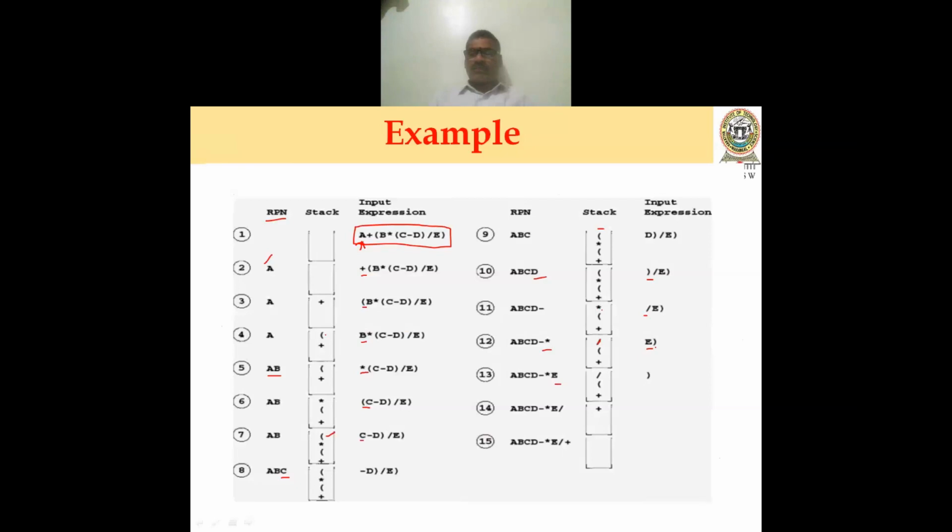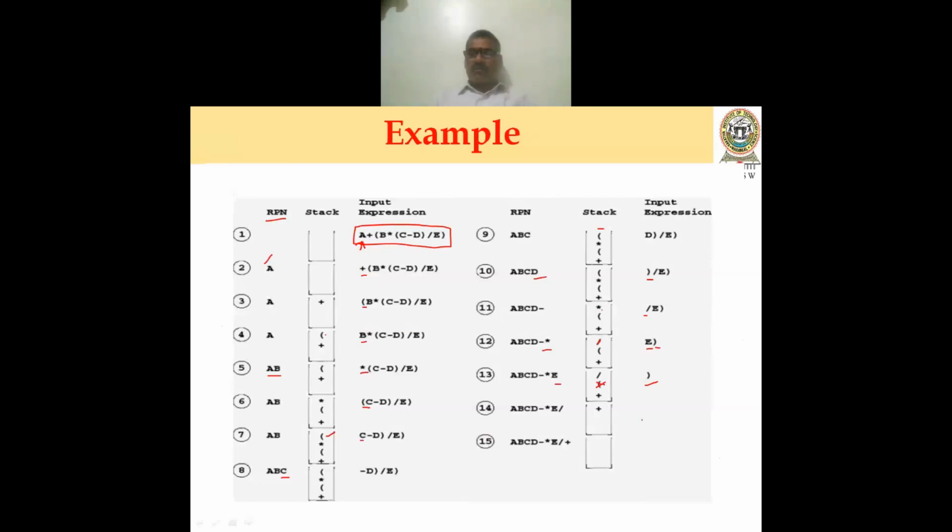Then the closing brace will be scanned. Once the closing brace is scanned, you have to pop all the operators from the stack until you get an opening parenthesis, adding them to the RPN. So slash will be added, and then the opening parenthesis is also removed.